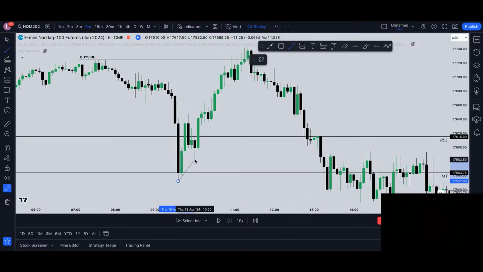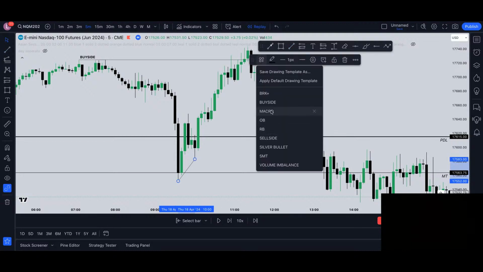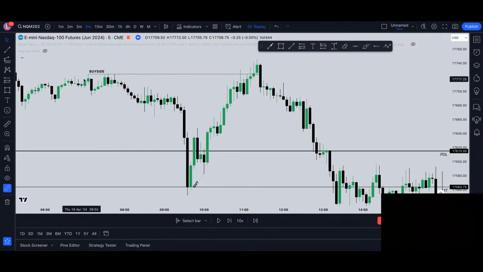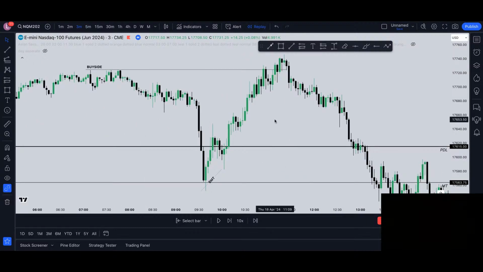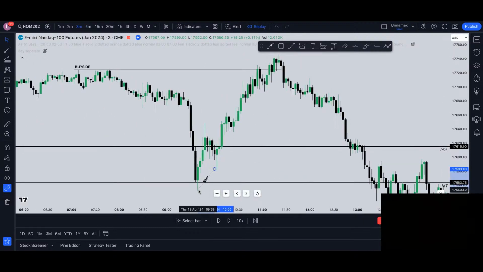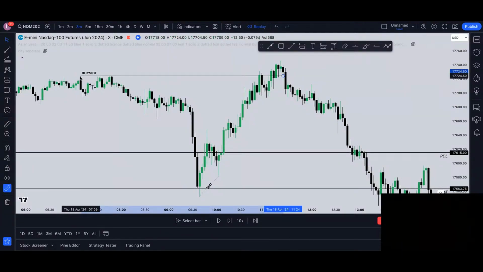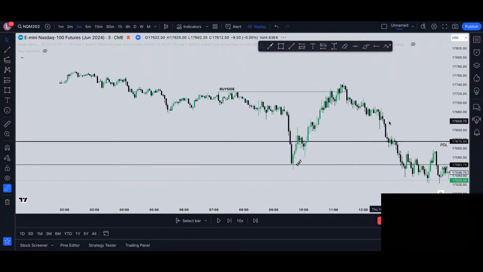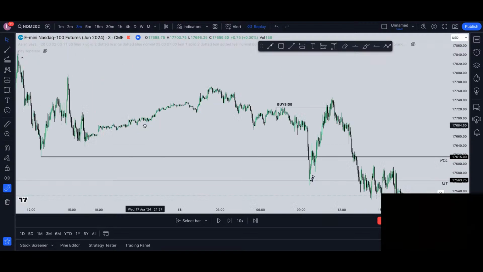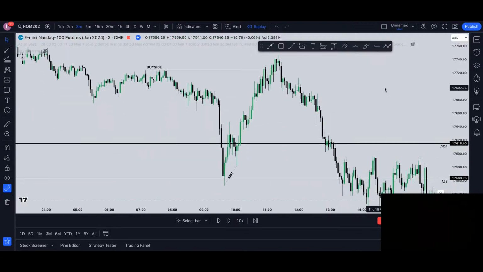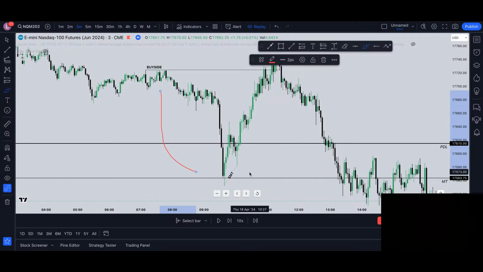This was an SMT with ES. And now this, my friends, is a sell side of the curve. Yes, buy side of the curve. Smart money reversal.